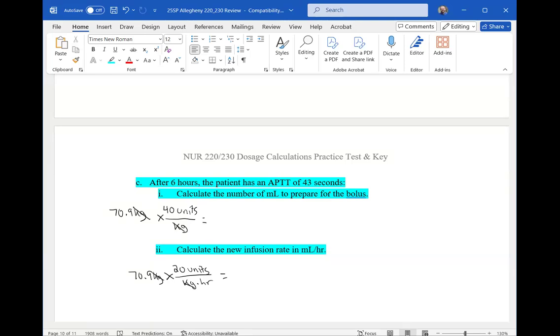Now, if I'm you, and because I know a little bit more about how these questions are asked on your test, I would say focus on just the initial infusion rate and the initial bolus for your practice purposes. Okay. You can do these for extra practice. It's more just making sure you can read through the protocol.